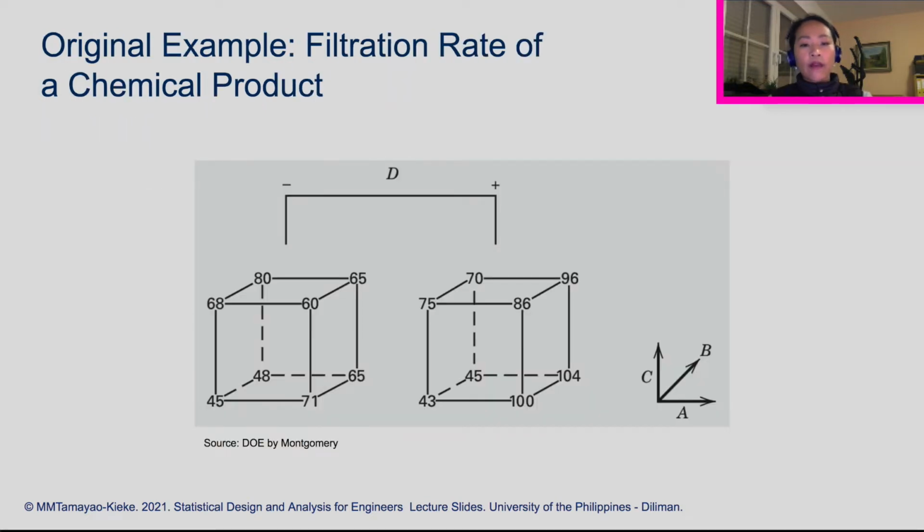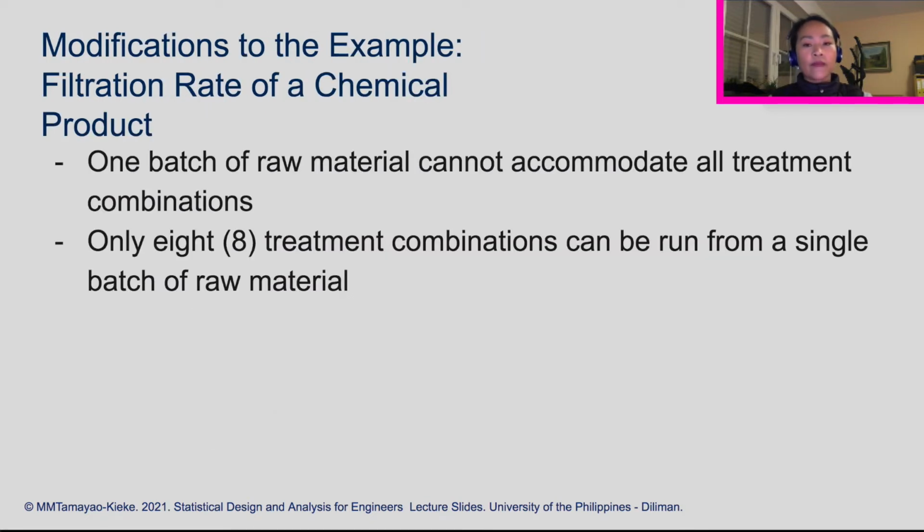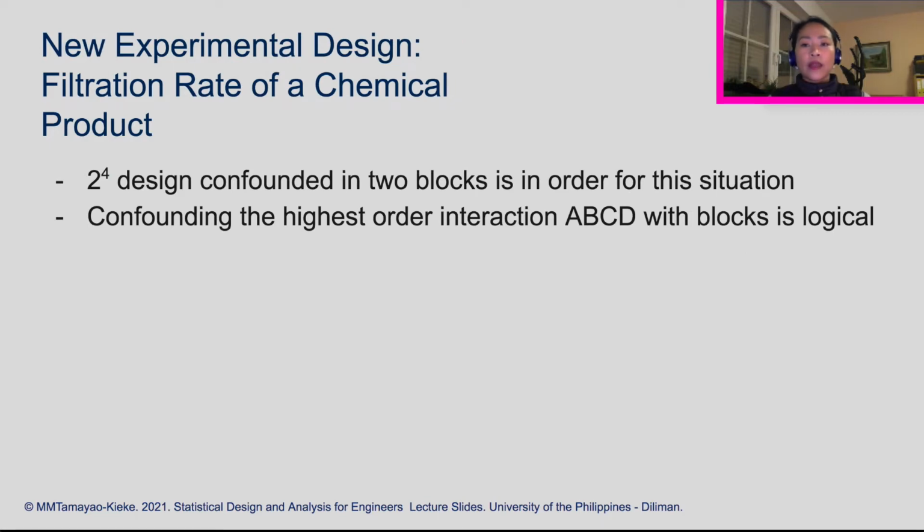Recall that we have 16 runs, so you need 2 batches of raw materials to run a complete replicate. So in this new experimental design, you have a 2 to the 4 design confounded in 2 blocks in order to complete the runs.